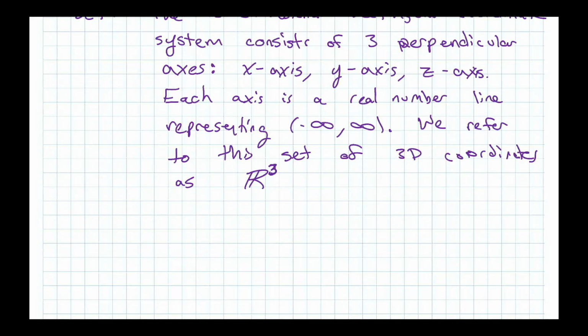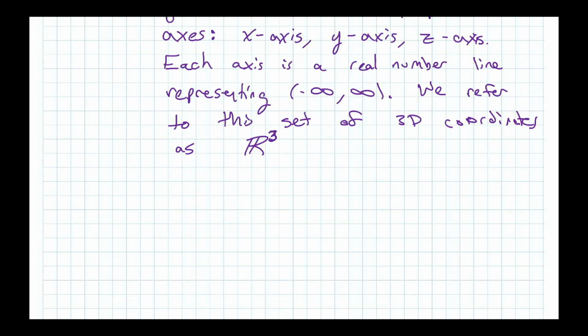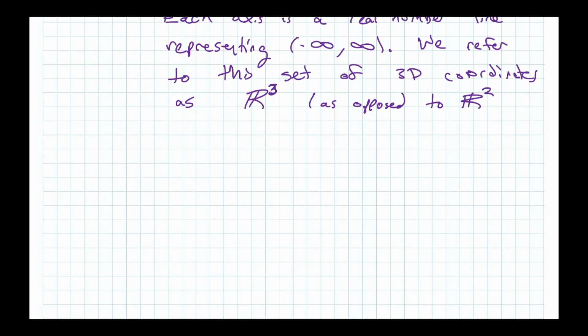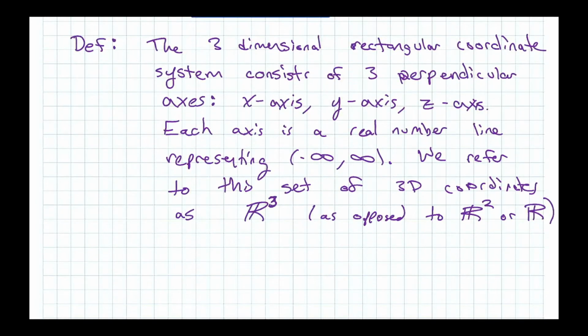It's just denoting that we're in three dimensions, as opposed to R2, which is the set of two-dimensional coordinates, or just R, which is the set of real numbers. R is the set of real numbers, R2 is the set of pairs of real numbers, like (x, y), and R3 is (x, y, z), a set of three different real numbers. All right, so that's how we define our axes.